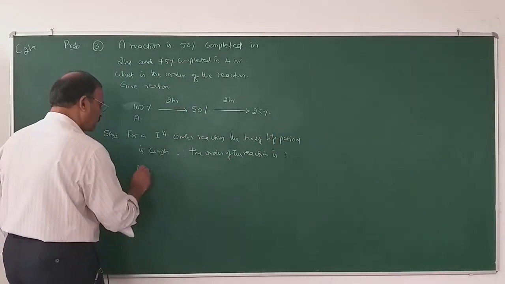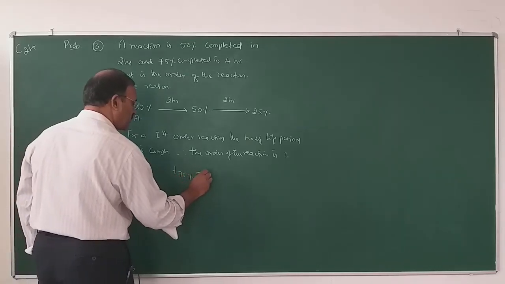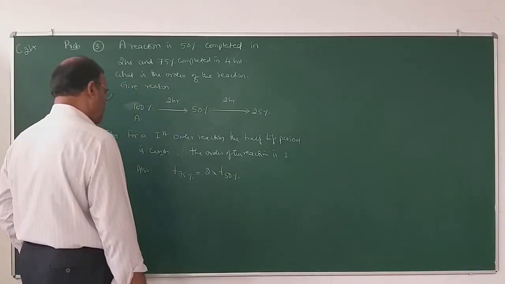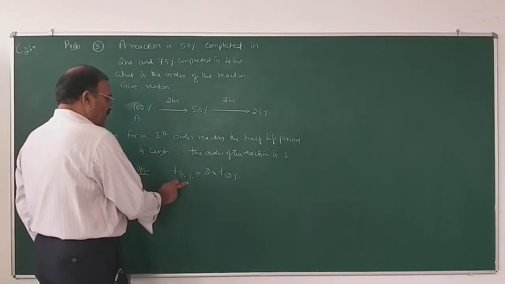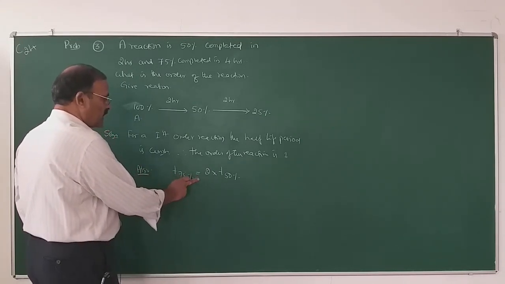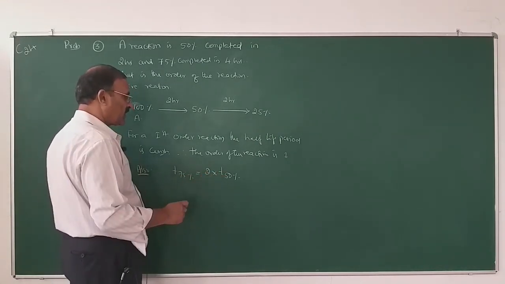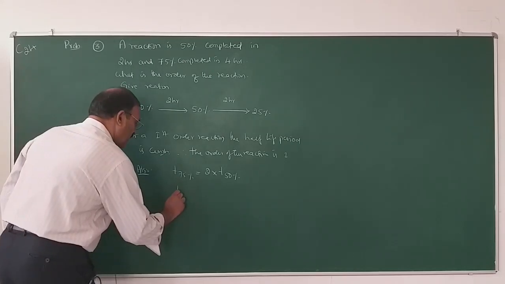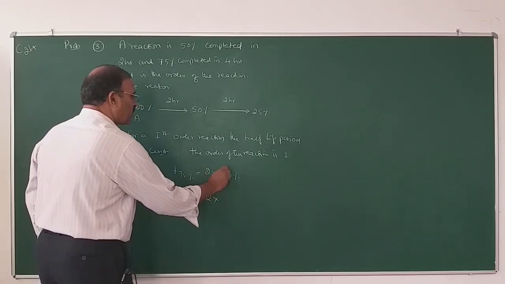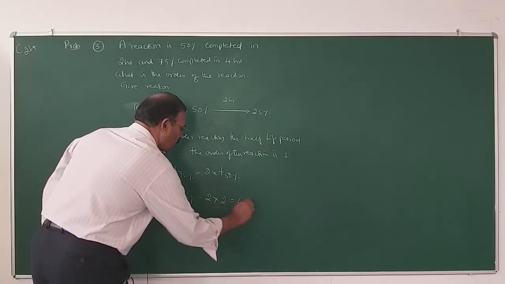Also, time for 75% of the reaction is equal to 2 into time for 50% of the reaction to be completed. So T75% equals 2 into the time for 50% of the reaction, which is 2, that equals 4.